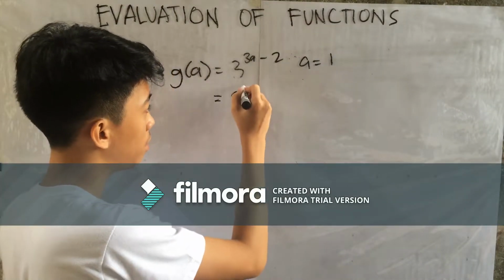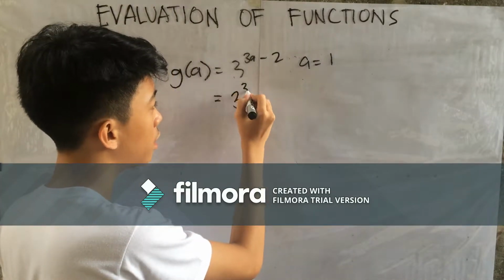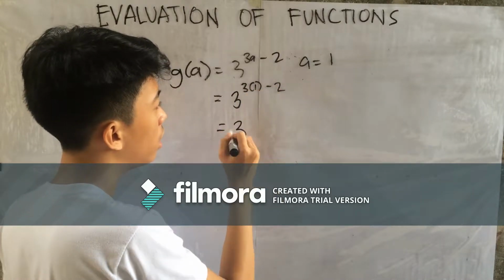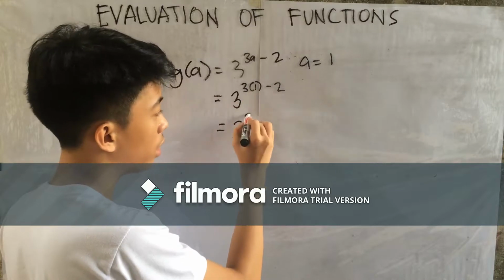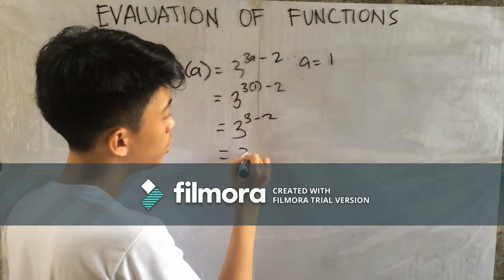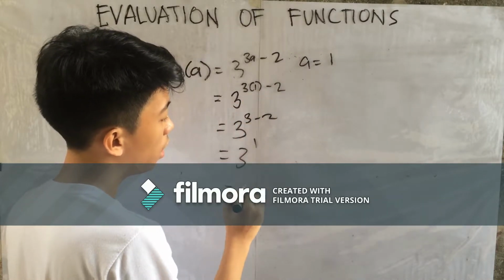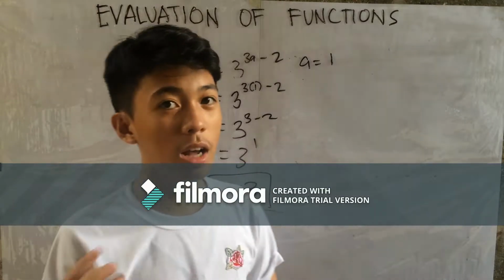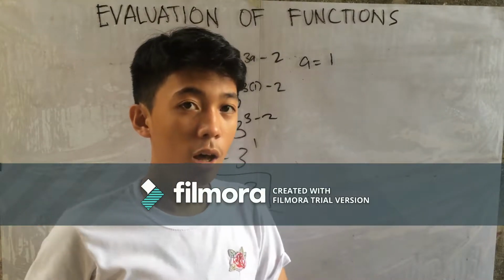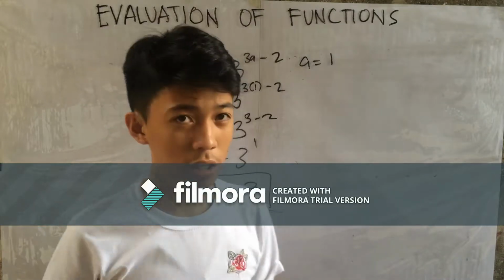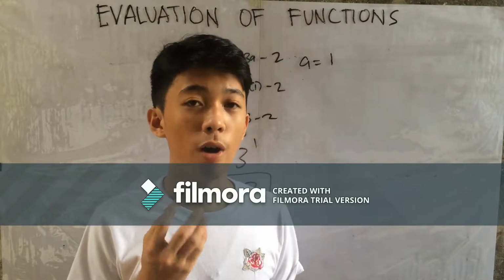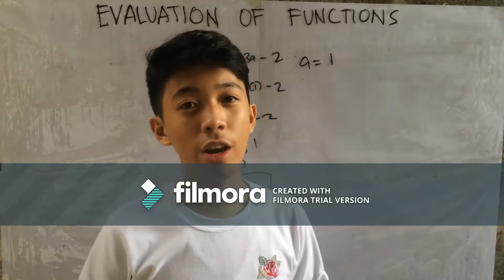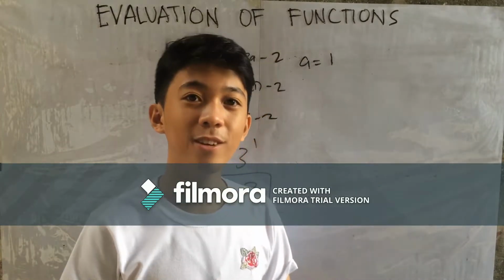So, 3 to the 3 times 1 minus 2 is equals to 3 to the 3 minus 2 is equals to 3 to the 1. And the final answer is 3. Yun. So, ang trick lang sa pag-evaluate ng function is kailangan mo munang tignan yung value nung kailangan mong i-substitute, then madali na lang siya the rest of the problem. So, yun guys. Thank you.